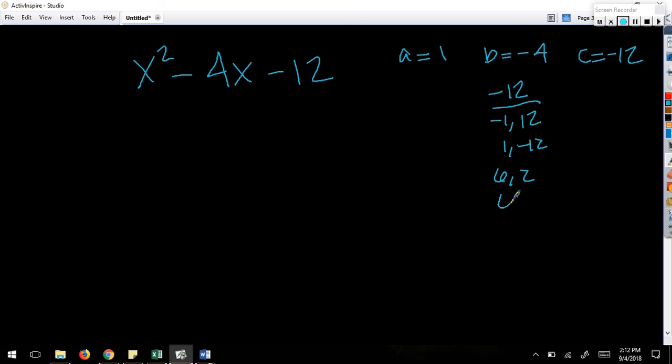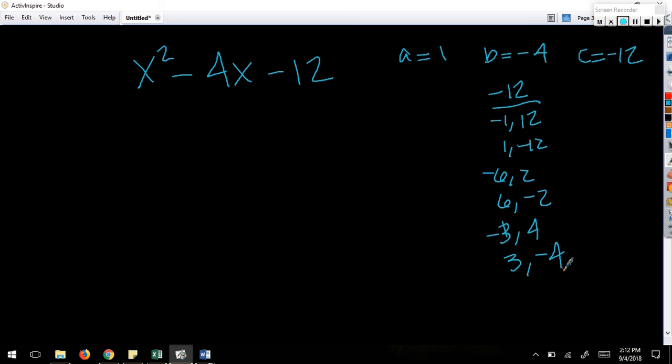I could have 6 and 2 this way or that way. I could have 3 and 4 this way or this way. To get a negative number when you multiply, you have to have one positive, one negative. So what multiplies to negative 12 but adds to negative 4?